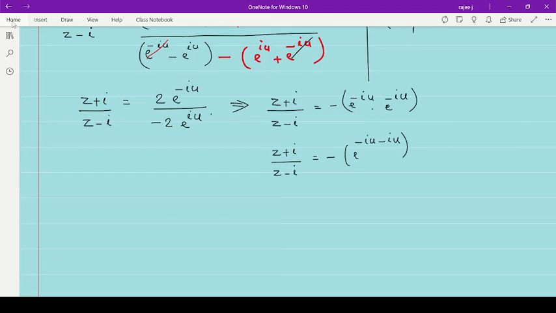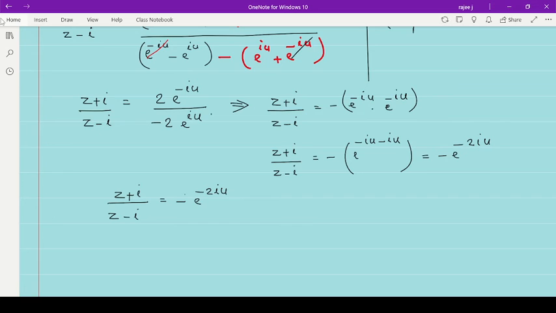So that is equal to, and this negative sign is here. That negative sign we will take here. This is minus e raised to minus 2 times iu. Therefore, we got z plus I divided by z minus I is equal to minus e raised to minus 2 iu.